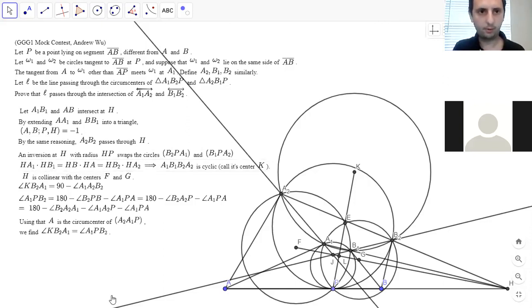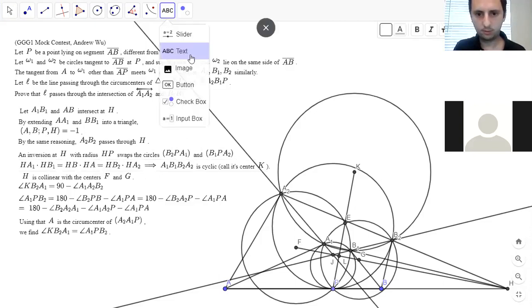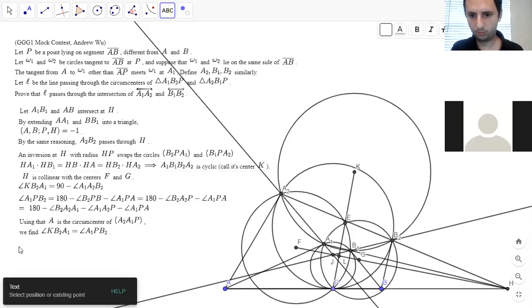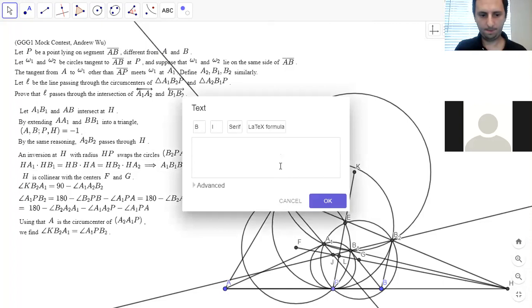So K B2 is tangent to omega, the circle P B2 A1.